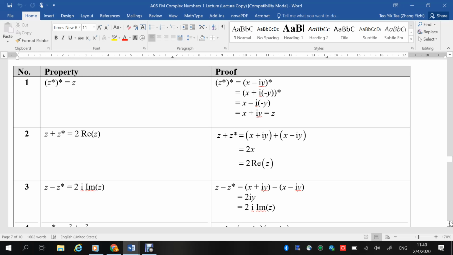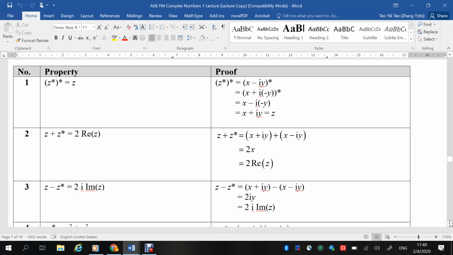Look across all the properties. Quite intuitive, right? Nothing really fantastic. So do you need to remember all the properties, or are you capable of proving it on the spot? It's back to you, your choice. Most people will not bother to remember, or after a while all these things become intuitive.